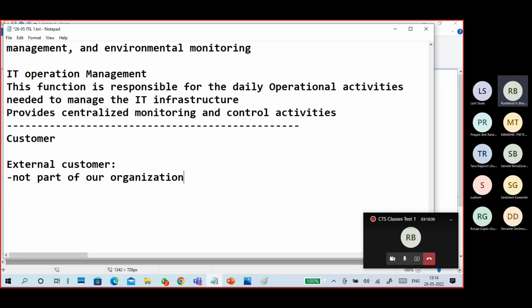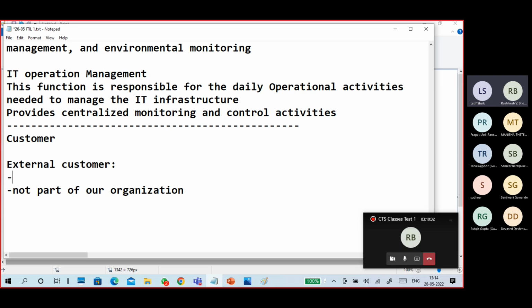First of all, a customer can be a single person or organization-wise. Either it is some organization or maybe a single person, usually called external customers.